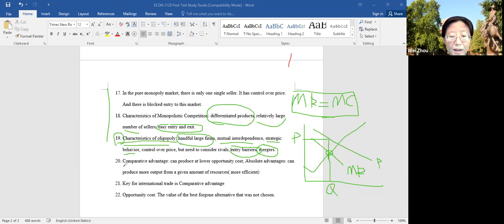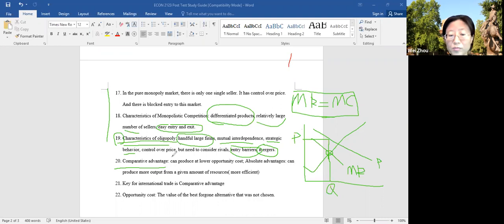Okay. Next one, when we talk about international trade, remember in the case of Mexico and the US, we found out the US has absolute advantage in producing both beef and vegetables. However, the US shouldn't produce both of them.